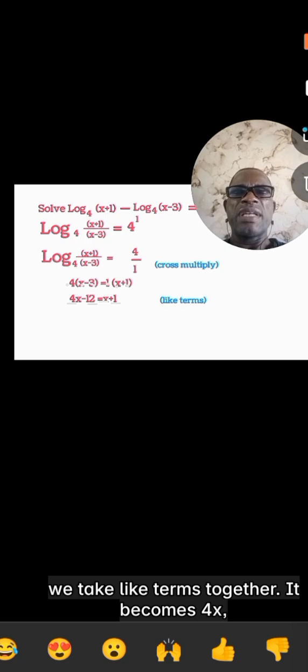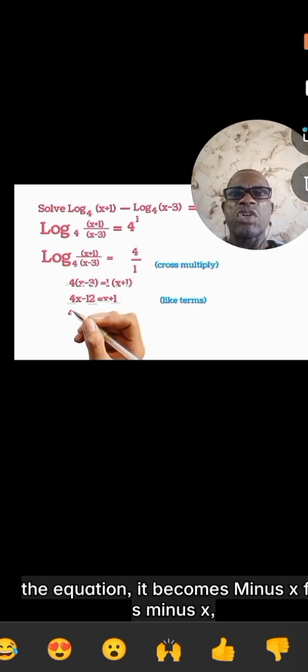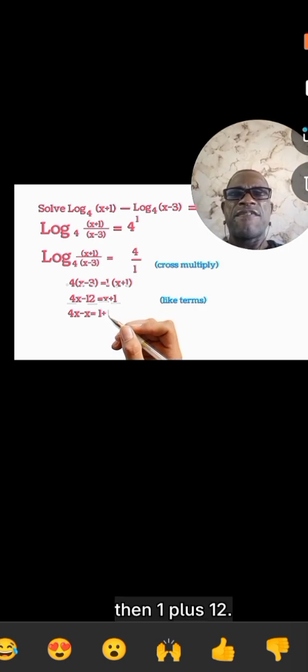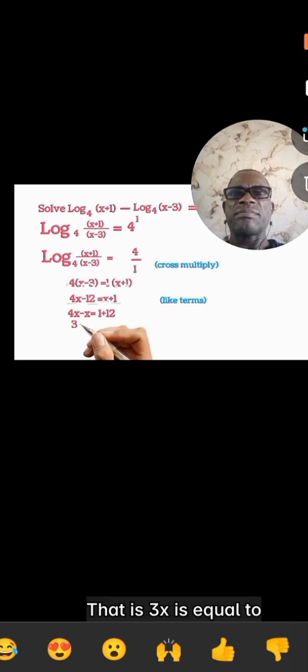Now we take like terms together. It becomes 4x. When x crosses the sign of equality to the other side of the equation, it becomes minus x. 4x minus x is equal to 12 plus 1. That is 3x is equal to 13.